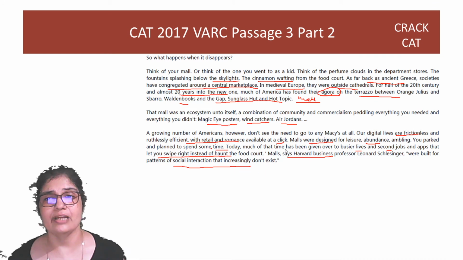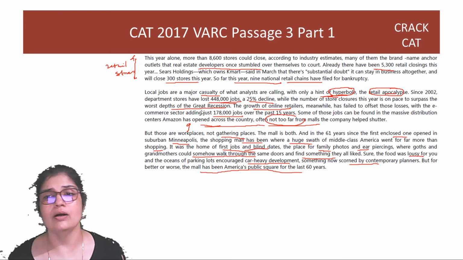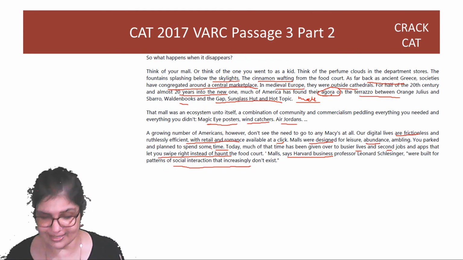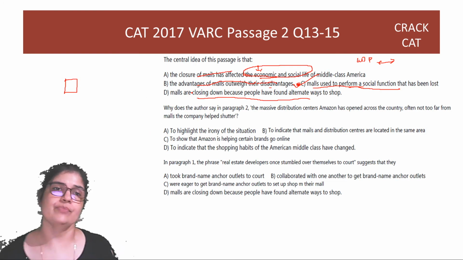This also shows social life, this is also about a meeting place. So excluding the first paragraph, which is factual, almost everything is about how American malls were the place where you went for your first date, etc. So it's about the social aspect. That's why your answer is C.